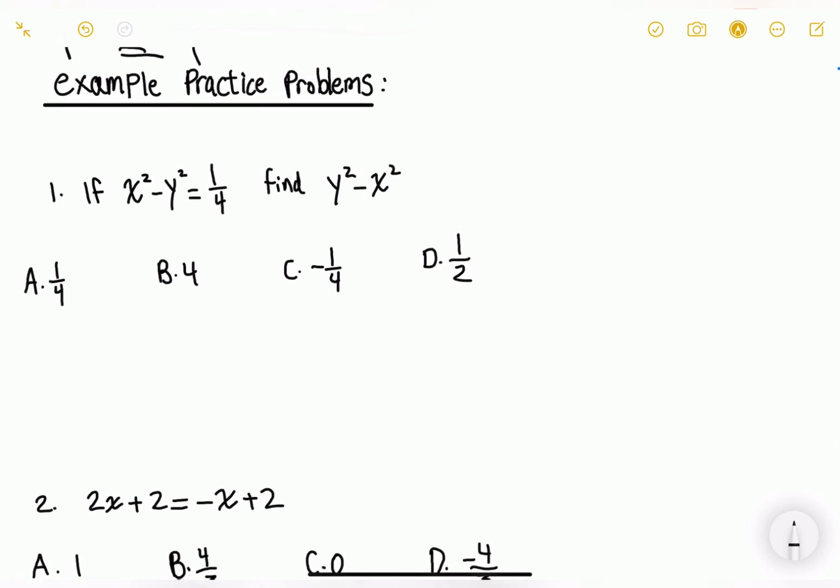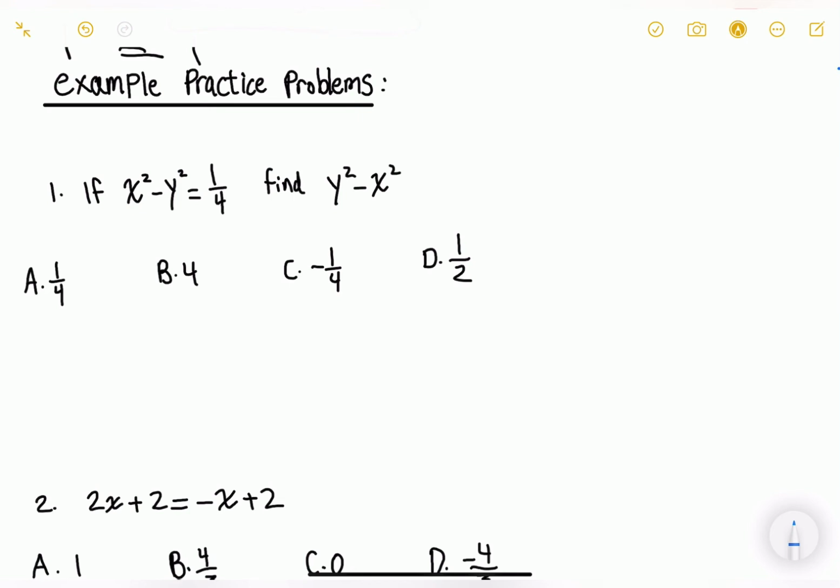Okay, before we get started, I would like you guys to attempt the first one right now. So just pause the video and try to solve it by applying what we just learned. Okay, I hope you guys at least tried. Number 1 says if x squared minus y squared equals 1 over 4, find y squared minus x squared.